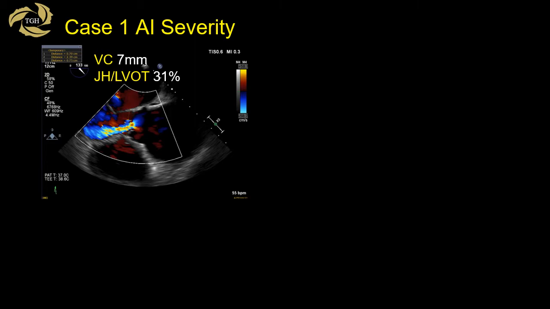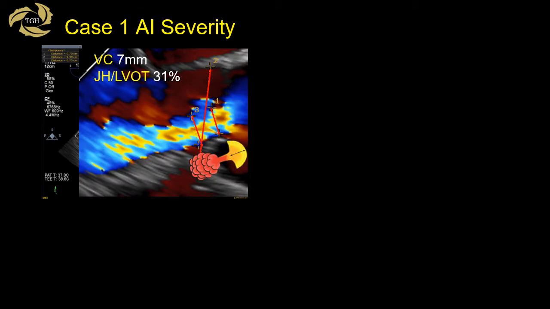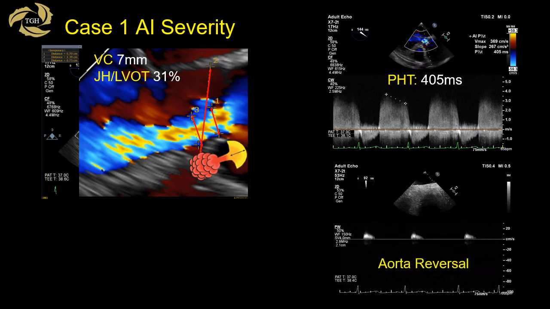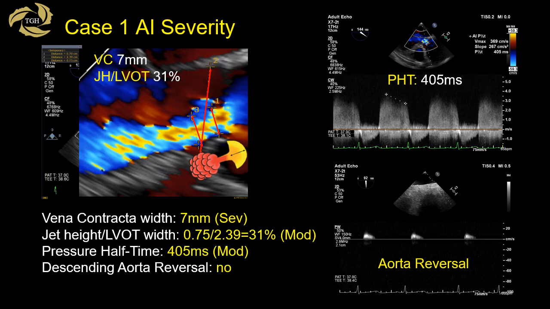Common measurements of AI are shown here, including the vena contracta width measuring 7 millimeters, the jet height to LVOT ratio measuring 31%, the pressure half time of 405 milliseconds, and no descending aorta reversal of flow. All these findings suggest moderate aortic insufficiency.